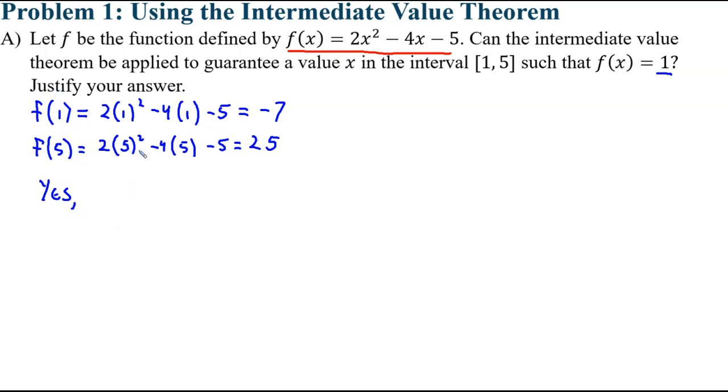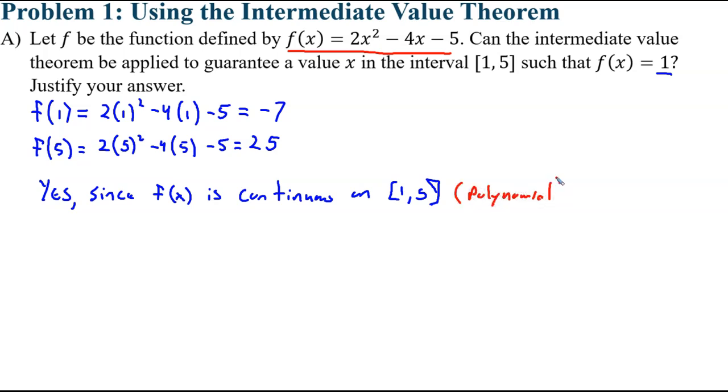For justifying my answer, what I'd do is I'd say since f of x is continuous on 1 to 5. And again, how do we know that? We know it's a polynomial. And that value we're looking for, 1, fits within this range: f of 1 is less than the 1 we're looking for, which is less than f of 5.